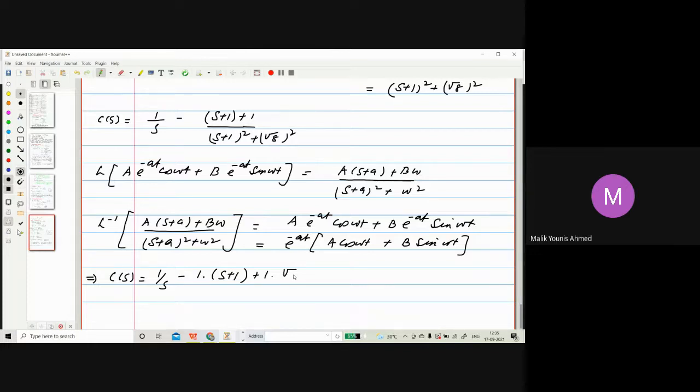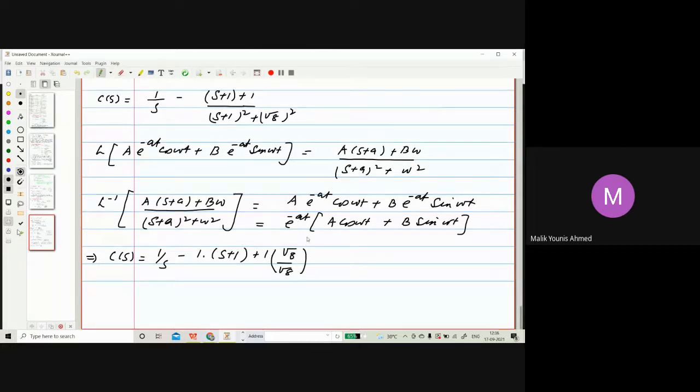You can see capital A is 1 here, and capital B, if you take the coefficient of this, is also 1. But I will write this as √8/√8. I have no problem writing this, divided by (s+1) whole square plus (√8) whole square.